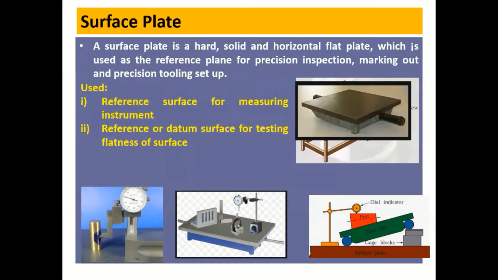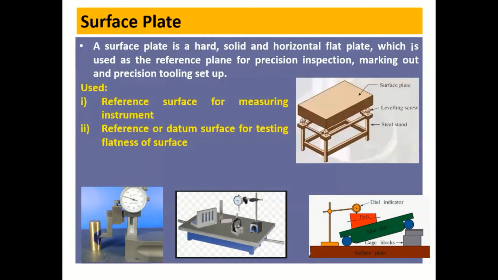Also, all four edges of the surface plate are finished very smoothly, and they should be very straight. The top surface should be parallel and reasonably square to the edges. So this is what we are talking about for any type of surface plates.